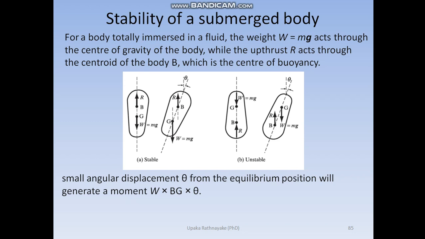Case 3. When the center of gravity coincides with the center of buoyancy, there is no moment due to the upthrust. Therefore, the object stays as it is at the new position. We call this the neutral equilibrium.